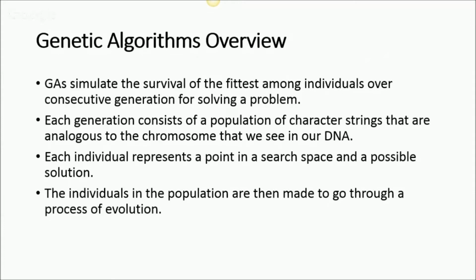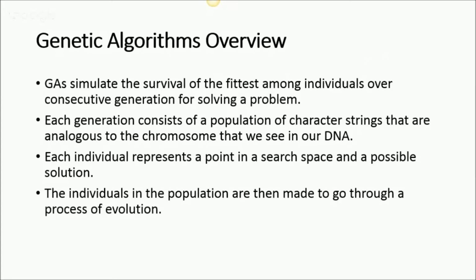So let's look at what the algorithm for a genetic algorithm is. Genetic algorithms simulate the survival of the fittest among individuals over consecutive generations for solving a problem. So we're going to generate different populations of generations, and we're going to evaluate these for problems. Each generation consists of a population of character strings.